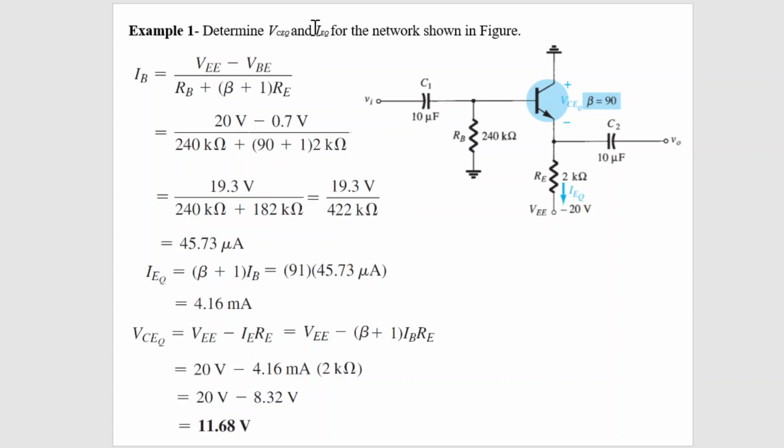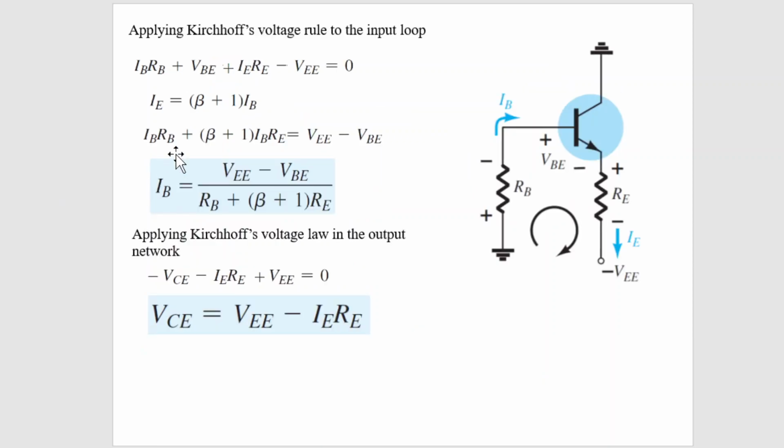In order to find IEQ, what do we have to do? We first have to find IB, because IB is equal to VEE minus VBE divided by RB plus beta plus 1 into RE. If you multiply this value of IB with beta plus 1, that gives the emitter current IE.